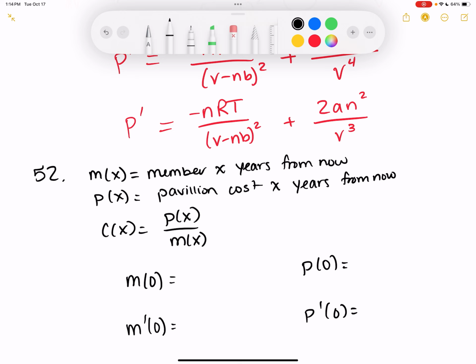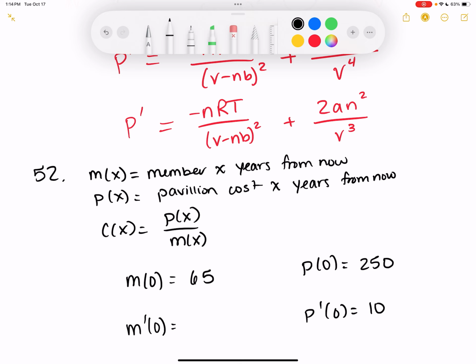Okay? So the initial number of members, it said, was 65 members. The initial cost is $250. Then the increase is $10 a year for the pavilion. So P prime of 0 is 10.